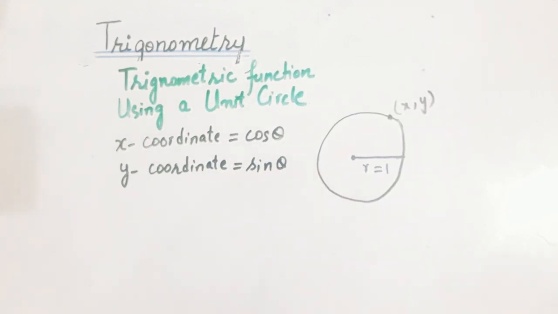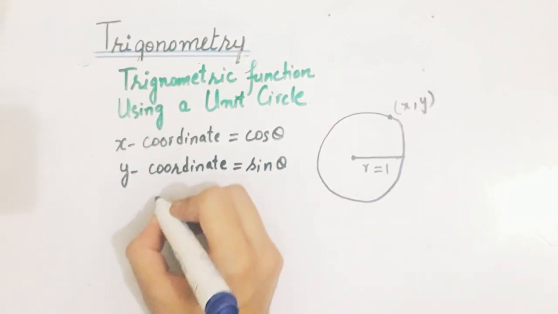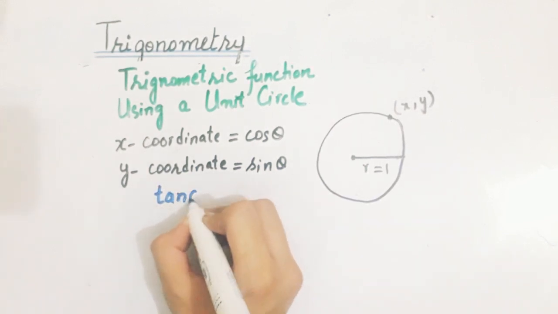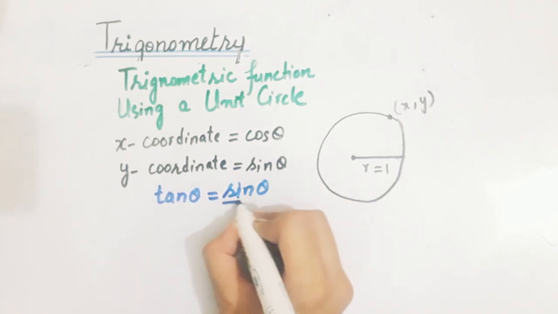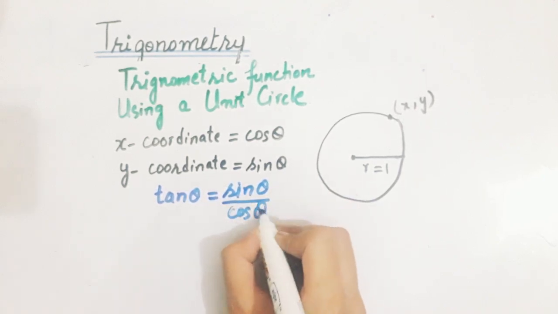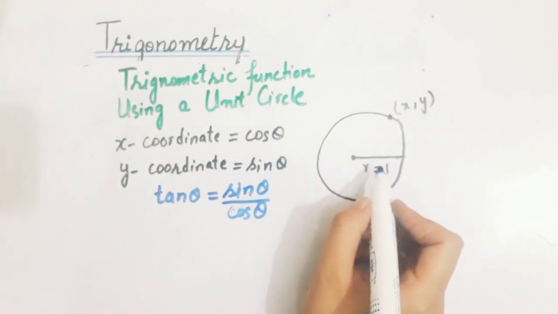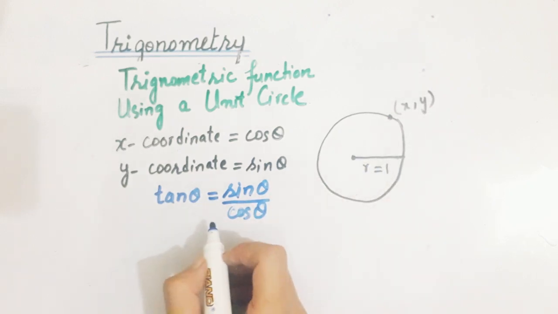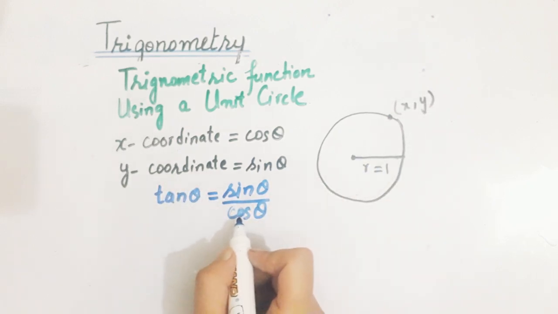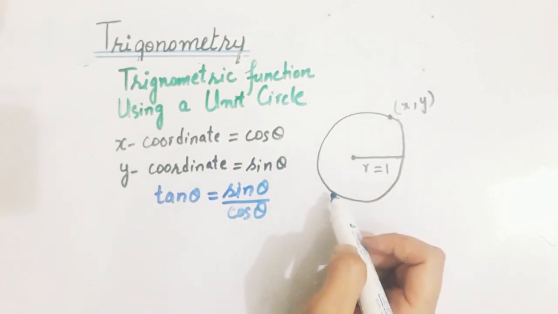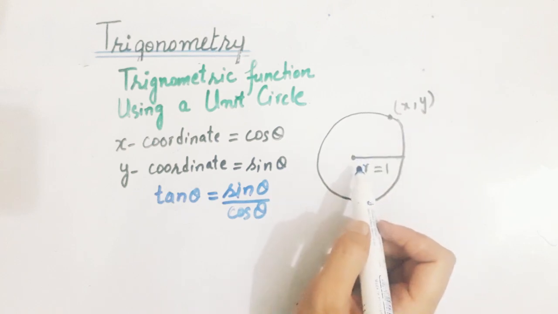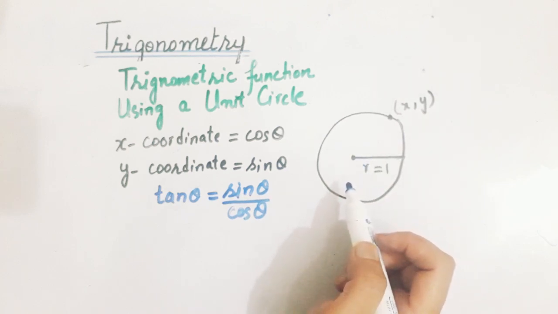And the third important one will be the tan theta. We will say tan theta equals sine theta by cos theta. Condition is that radius should be 1. So this way trigonometry works not just in triangles but for all angles, even more than 90 degree, because in the circle the whole angle equals 360 degree.